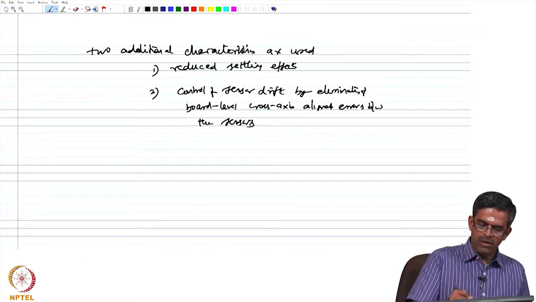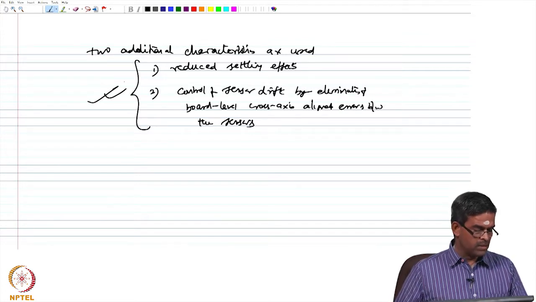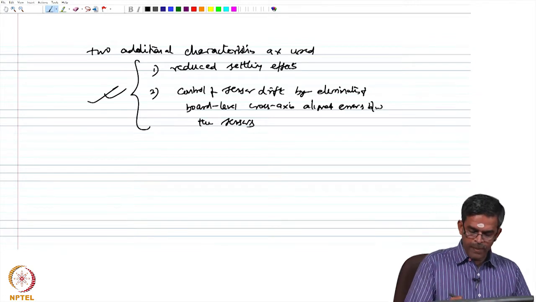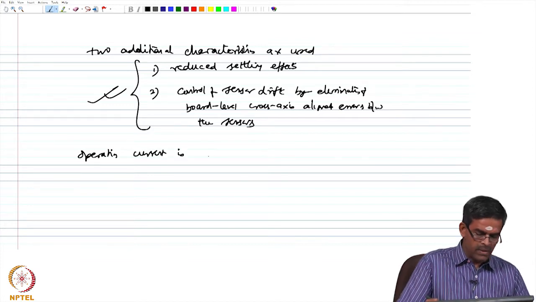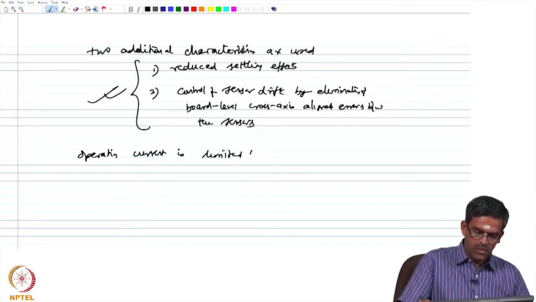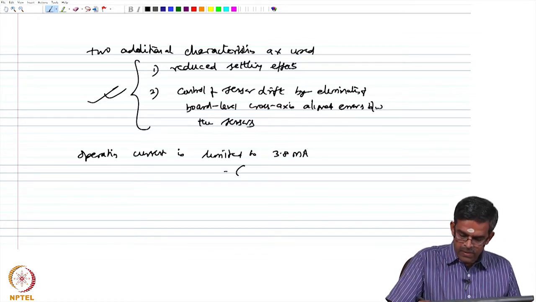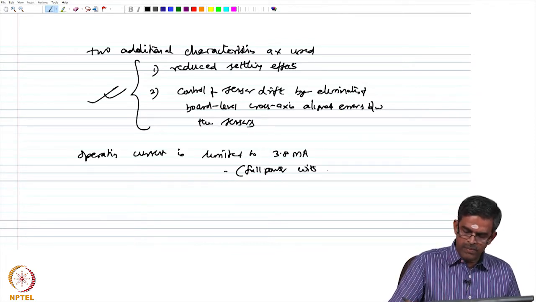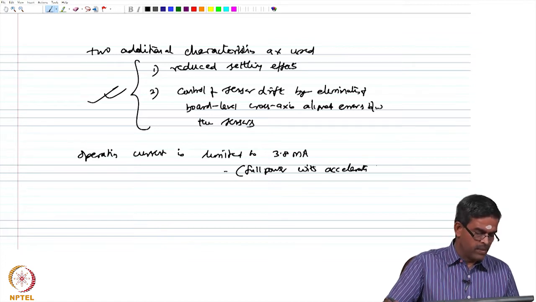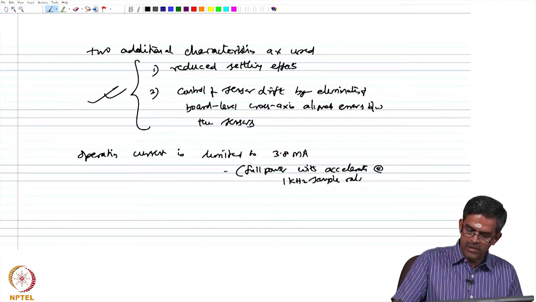So, these are the two additional requirements which we look forward to when we select the MEMS accelerometer and the gyroscope. The operating current of this sensor is limited to 3.8 milliamperes, whereas the full power accelerometer can operate at 1 kilohertz sample rate. That is the capacity of this accelerometer. Okay.